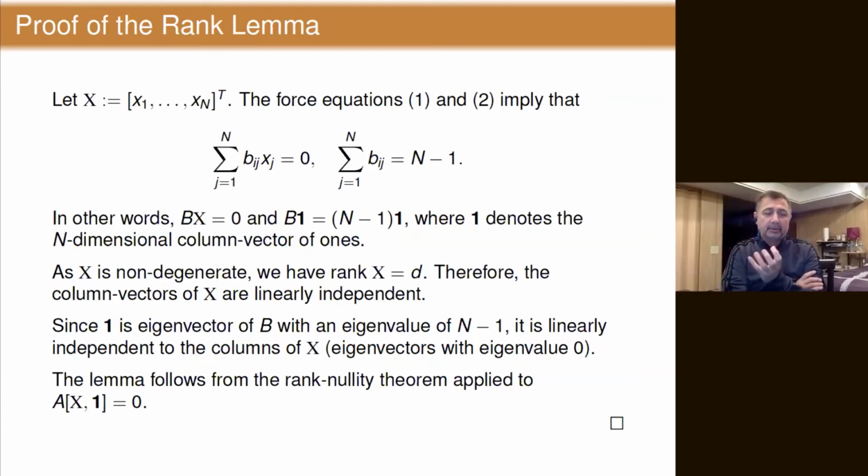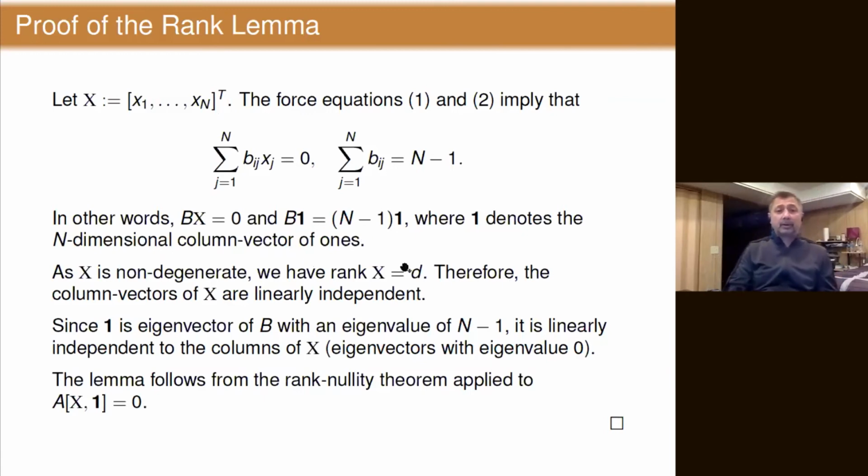Now what happens is, if you order the points and form a matrix whose rows are the transposes of the column vectors x_1 through x_n, then B times X is 0, and B times the all-ones vector is 0.